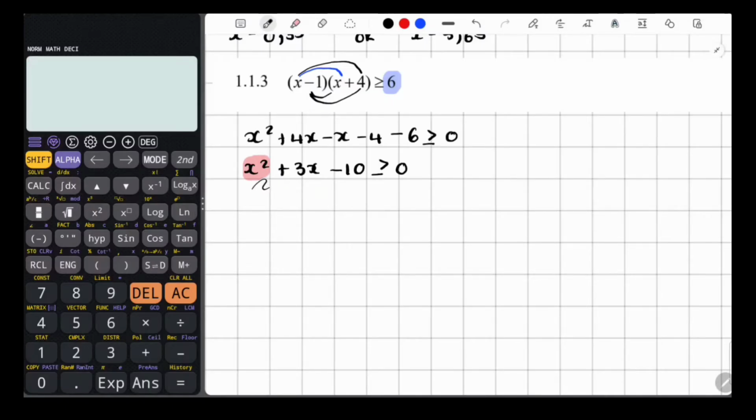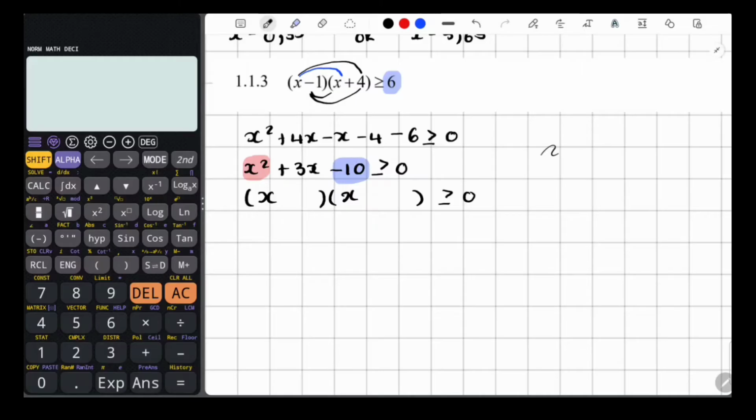If you wanted to factorize this, just open up 2 brackets, and we're still saying greater or equal to 0. Then since we have x squared, we're going to say x and x. Since we have negative 10 as our last term, we're going to think of 2 numbers that when you multiply them, give you negative 10, but also give you a positive 3 in the middle.